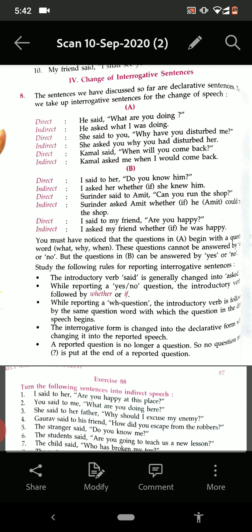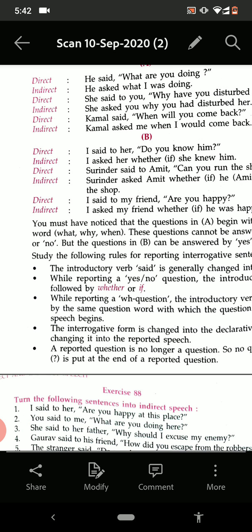So, let us study the rules for the reporting of interrogative sentences. What rules will you follow? See, the rules are written here. The introductory verb said is generally changed into asked. Earlier we were writing said to, the answer is told.